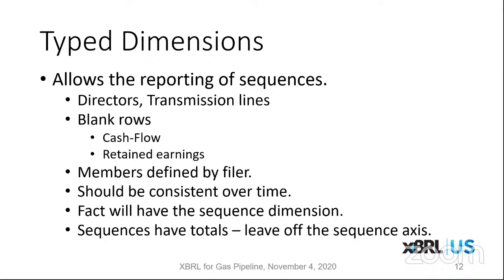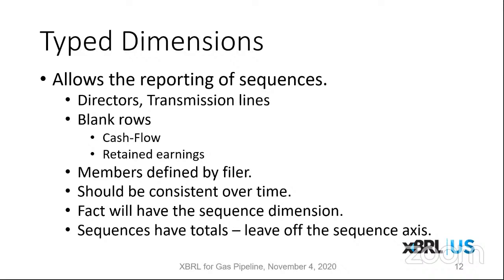You can put as many items in there as you like, but that uses a type dimension. So in the taxonomy, you'll see they've got schedule 118, for example, for the retained earnings, or 114 for the cash flow, with a whole set of items there. The reason you see that is because it gives you the option to fill out all these blank rows.